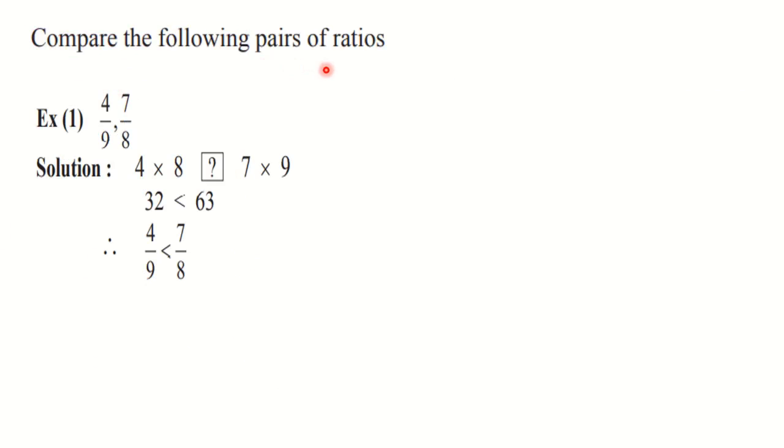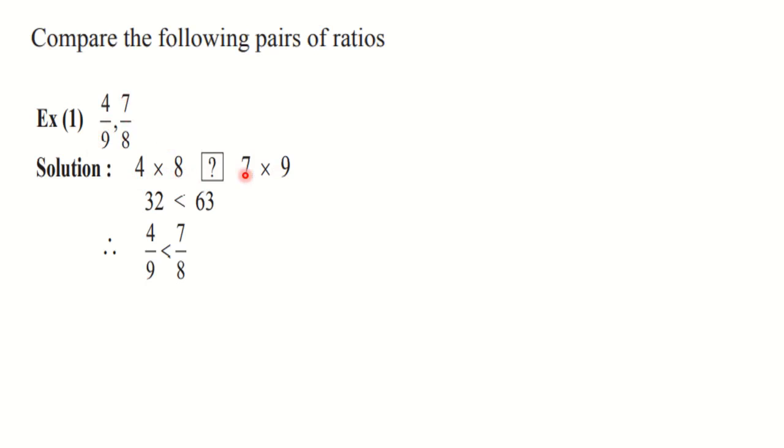Compare the following pairs of ratios. First one, 4 upon 9 and 7 upon 8. Okay. So as I have said, here we go for cross multiplication. Numerator of first ratio into denominator of second ratio. So 4 into 8. And on the other side, we have to go for numerator of second ratio into denominator of first ratio, that is 7 into 9.